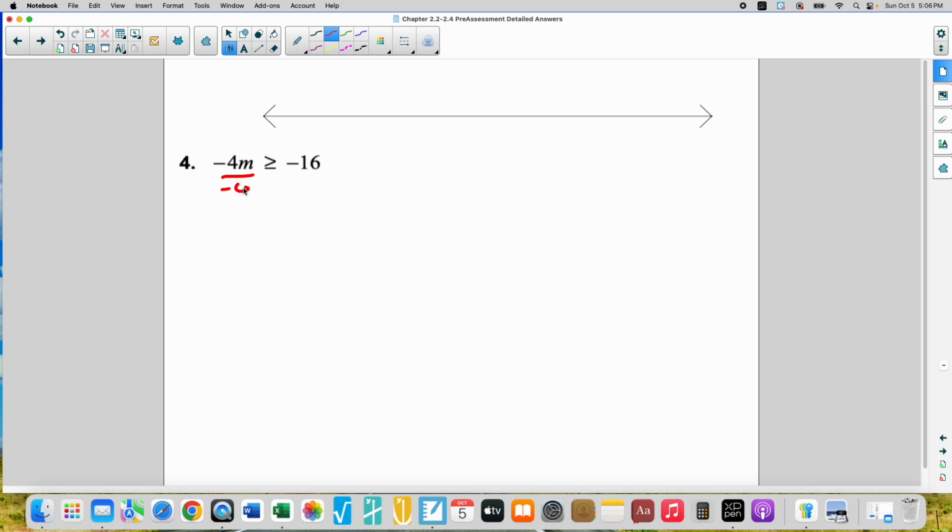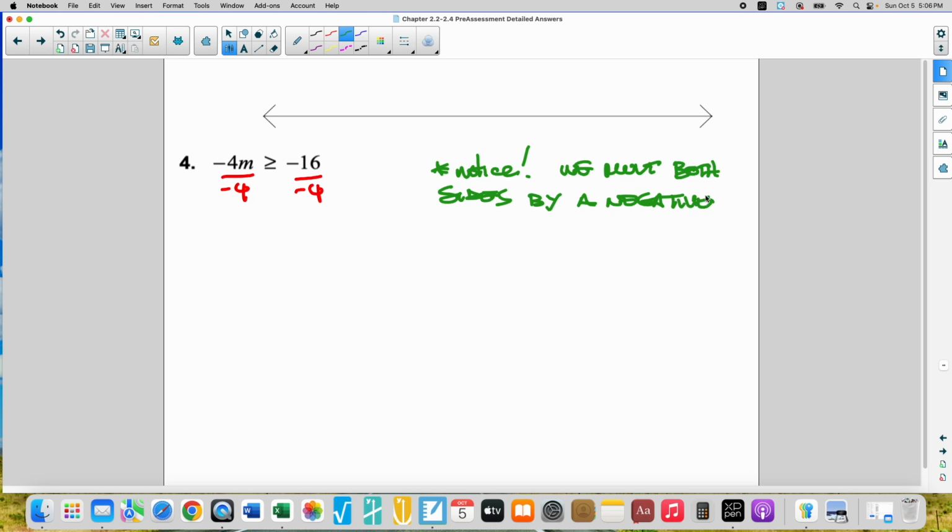So here is our first dividing both sides by a negative. Notice, this is a key thing. Notice, we divided both sides by a negative. So we must flip the inequality sign.